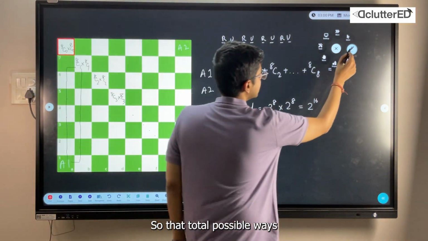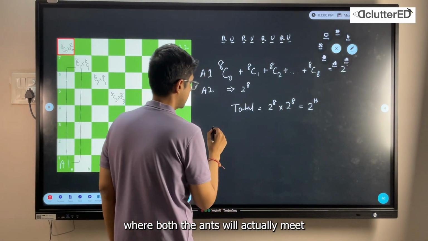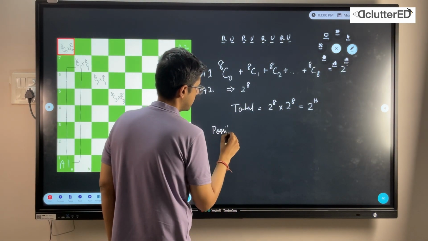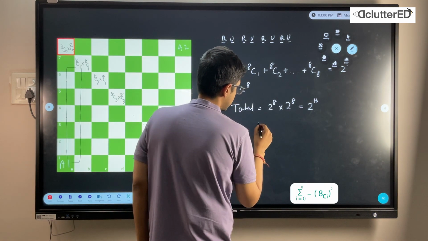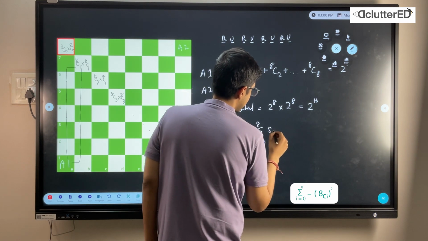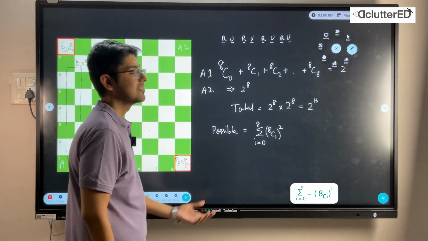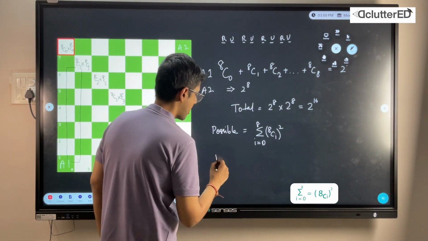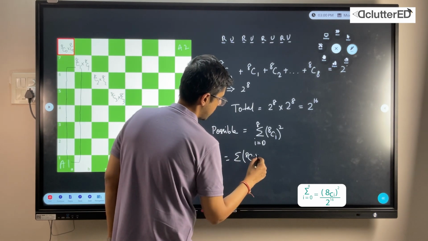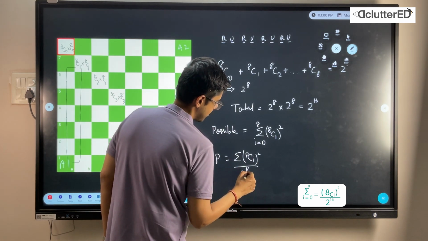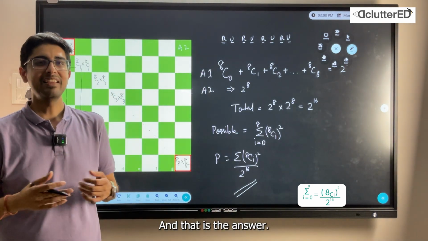So the total possible ways where both the ants will actually meet is the summation for i from 0 to 8 of 8Ci whole square. And the probability is going to be the summation of 8Ci whole square by 2 power 16. And that is the answer.